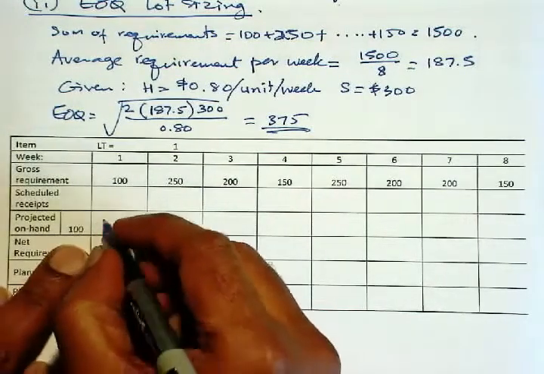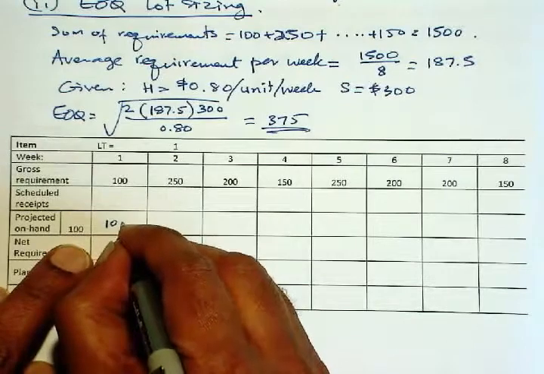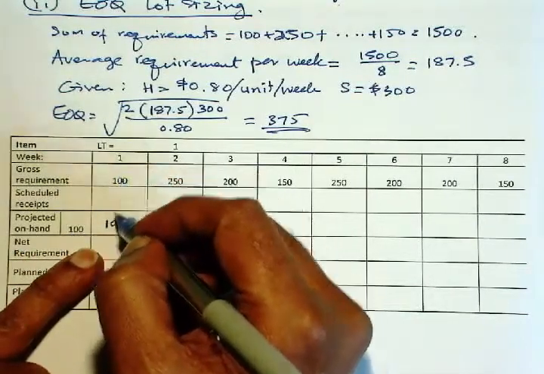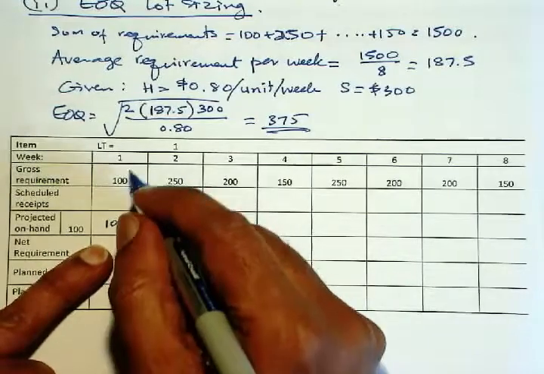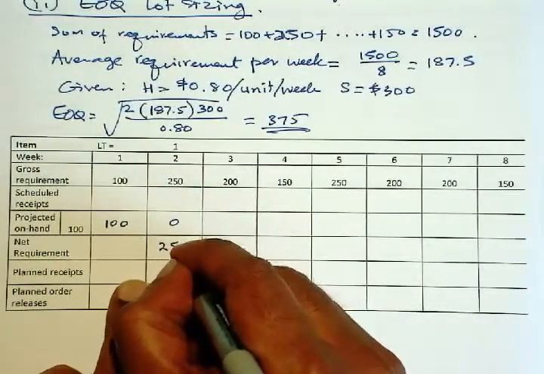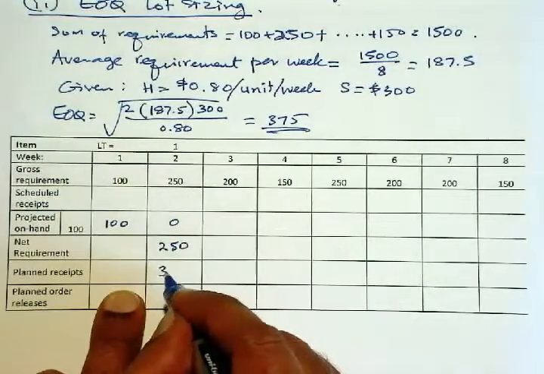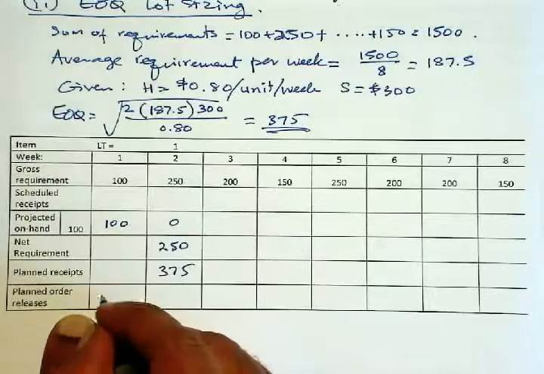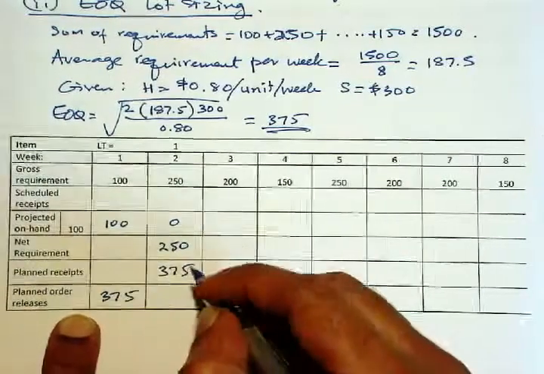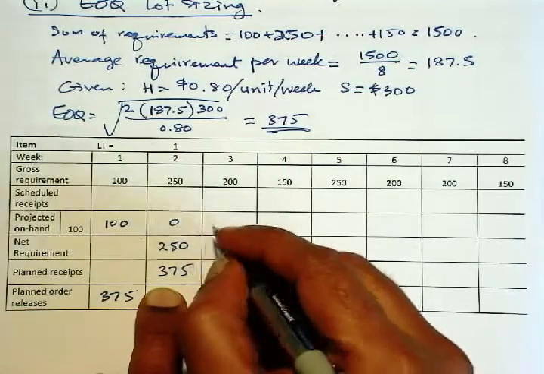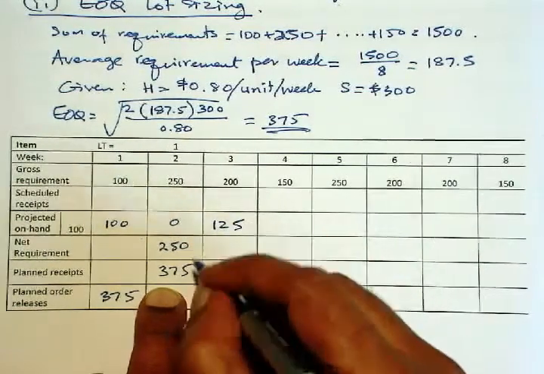Okay, so let's start here. So we have 100. So 100 minus 100 will give you 0. So there is a net requirement of 250. So we place an order for 375. So that's our EOQ lot sizing. So we have 375. Now 375 minus 250 will give you a balance of 125.